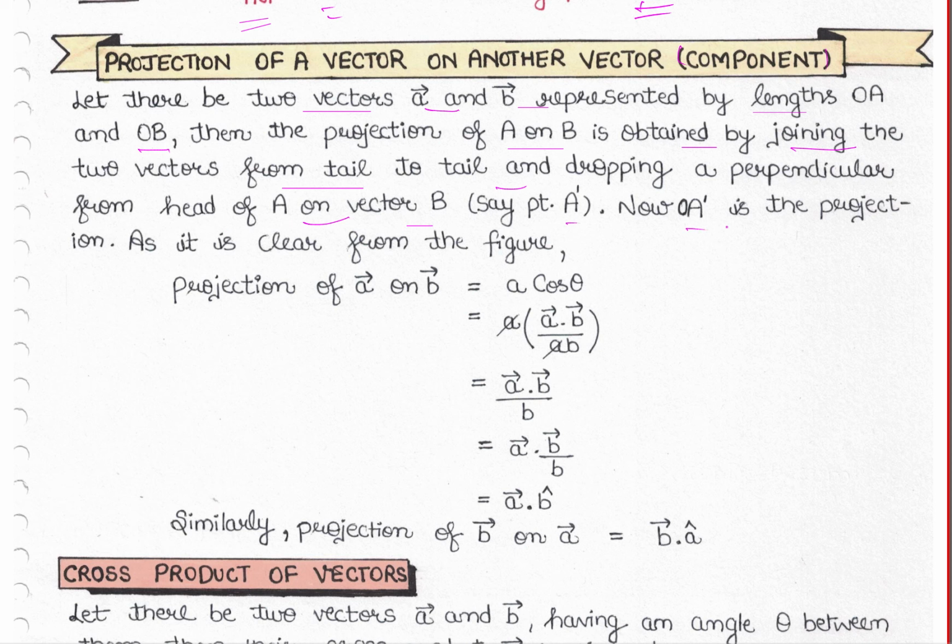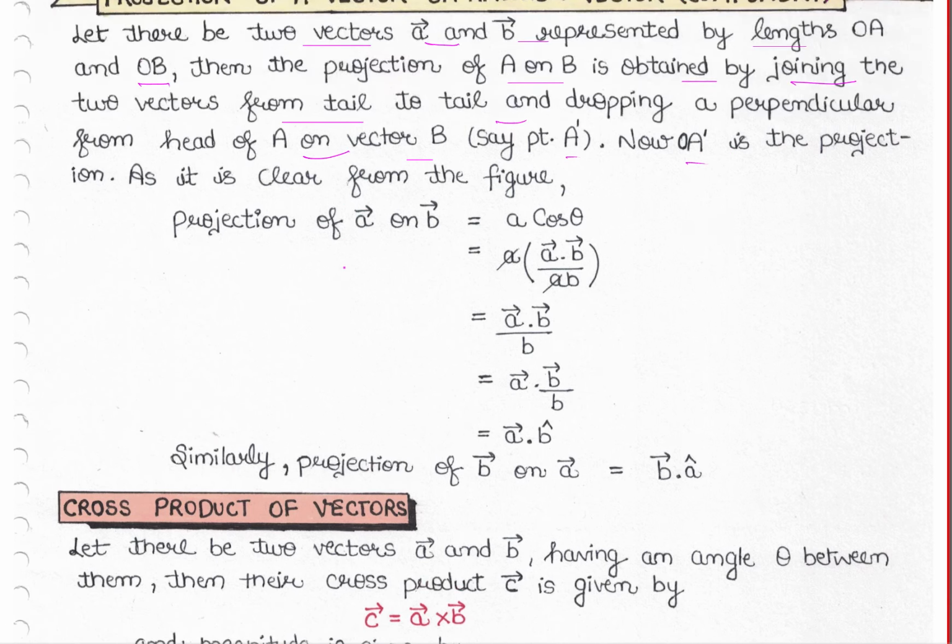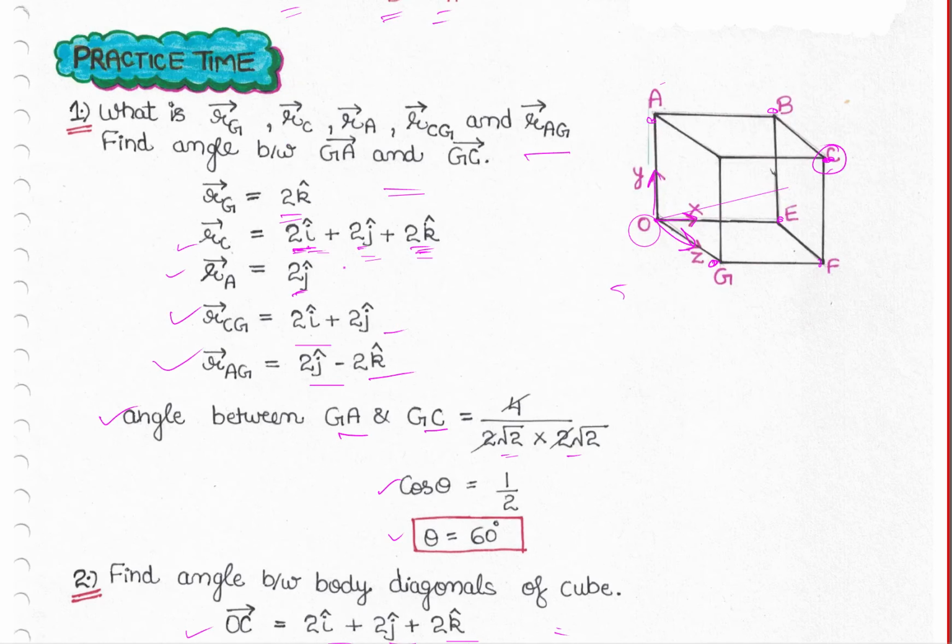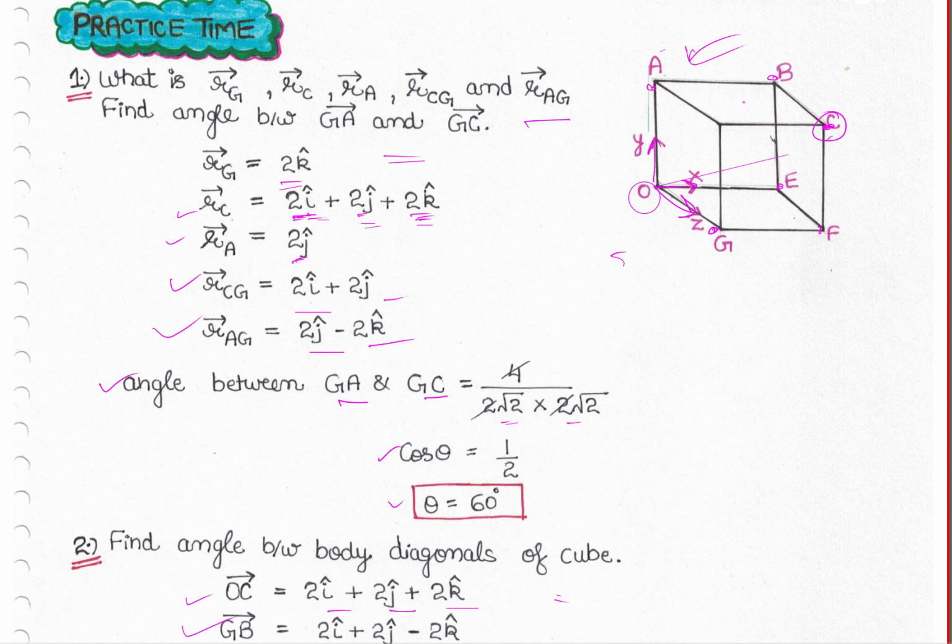Now OA prime is the projection, as shown in the figure. You can refer to this figure.